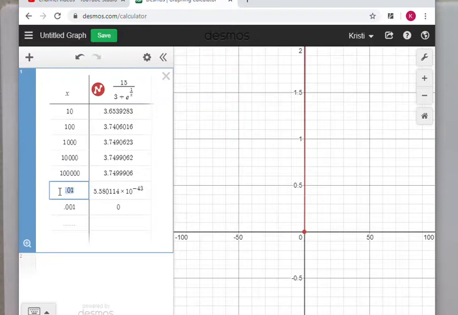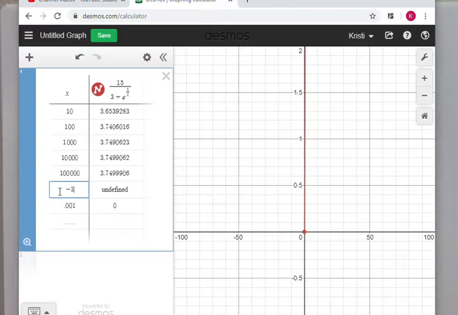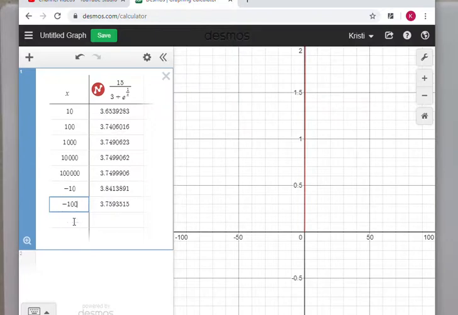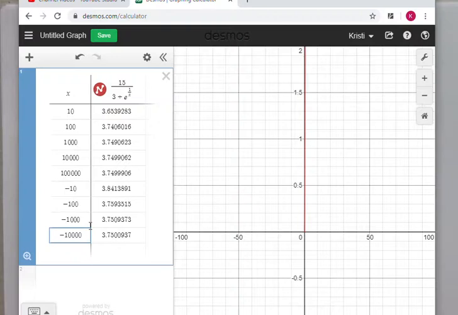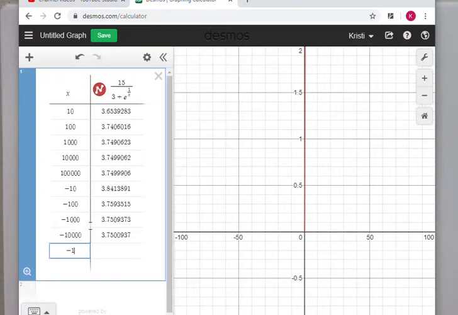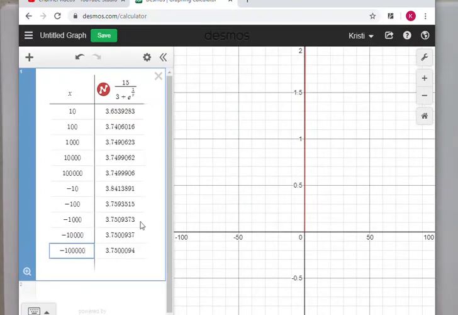Let's go ahead and try the negative ones as well. And there we go.